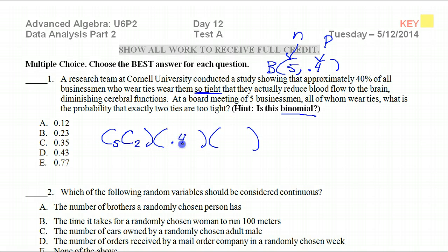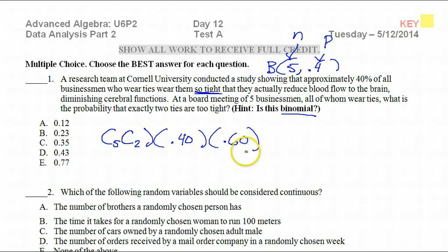So probability of success is 0.4. That goes here. You can call it 0.40 if you want. That means the probability of failure, which in this case would be a good thing, the probability that the tie is not too tight, that it's okay, would be 0.6 or 0.60.